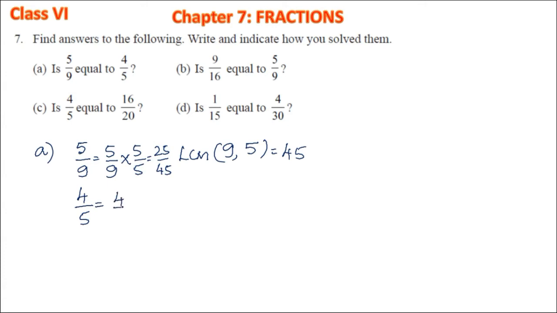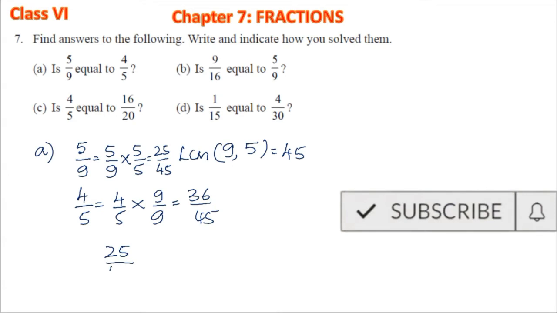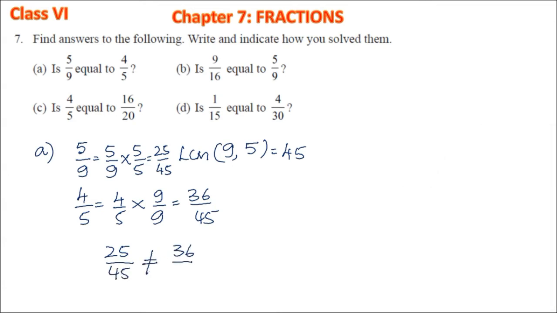Now this 4 by 5, if I multiply by 9, I'll be getting 36 by 45. Here 25 by 45 is clearly not equal to 36 by 45. So I can say that 5 by 9 will never be equal to 4 by 5. This is how we have solved the first one.